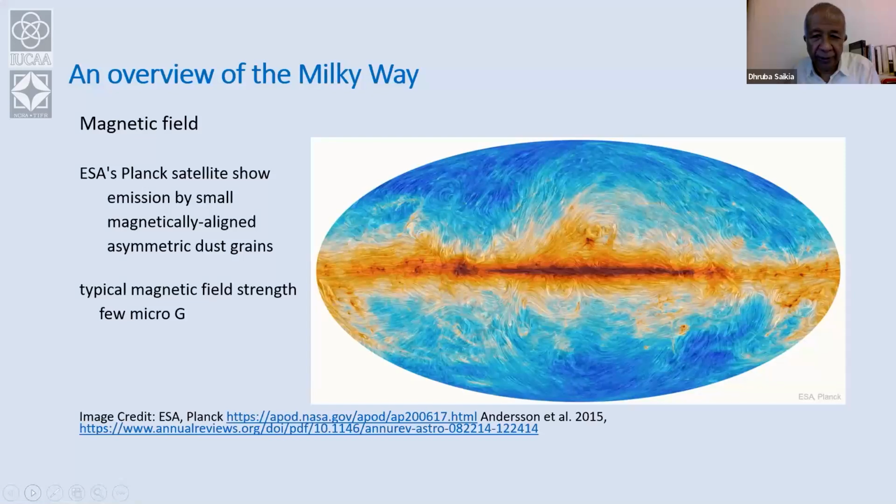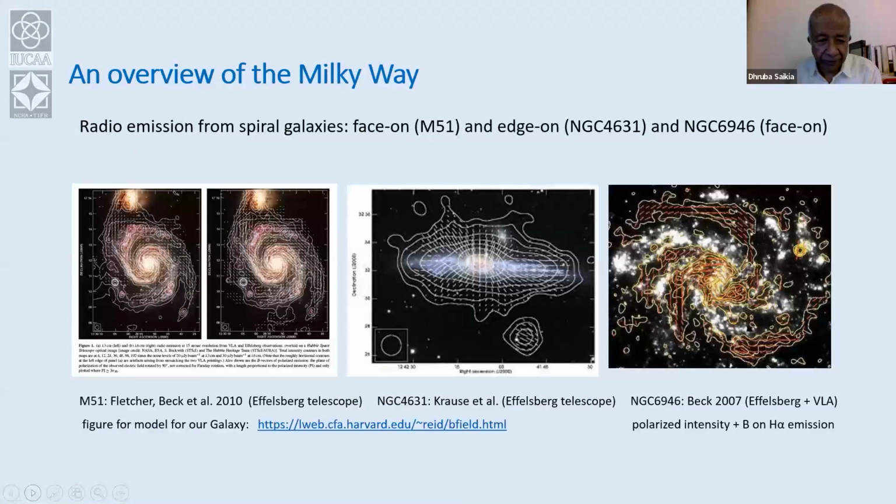Typical magnetic field strength in our galaxy is about a few microgauss, and the interstellar polarization is due to magnetically aligned asymmetric dust grains, which absorb light differently, the dichroic effect, which gives rise to polarization of interstellar light. But we can also probe the magnetic fields from radio observations.